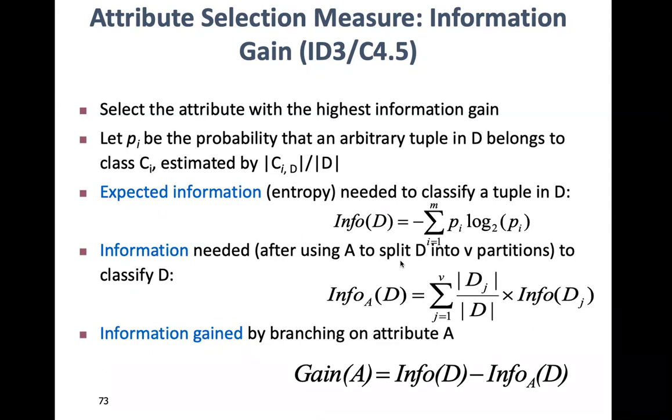And you can see how their formulations are given here, so how the gain is formulated, and how we compute the information, and how you get the expected information, and that is how we can compute the gain, and by maximizing the gain we are able to build the decision trees.